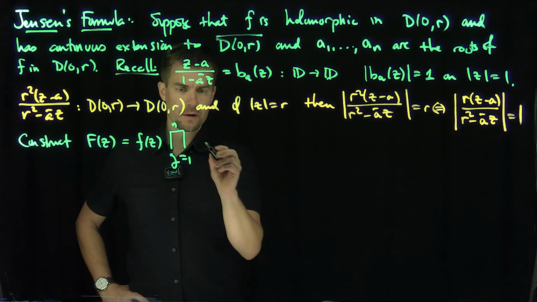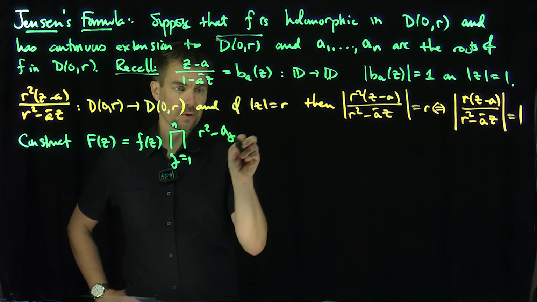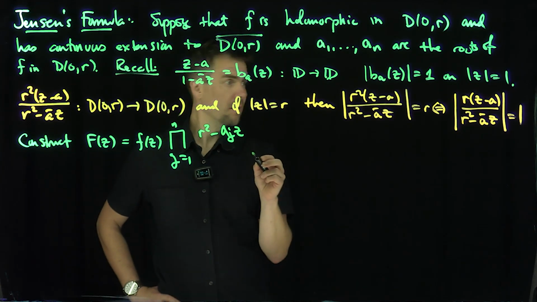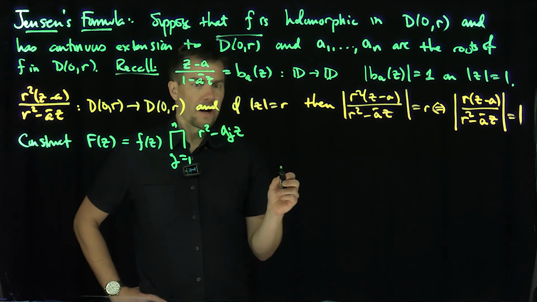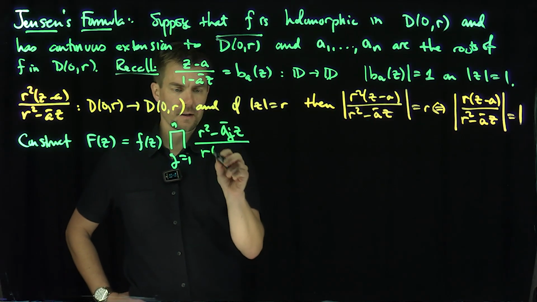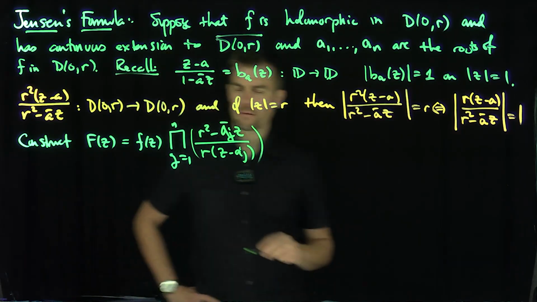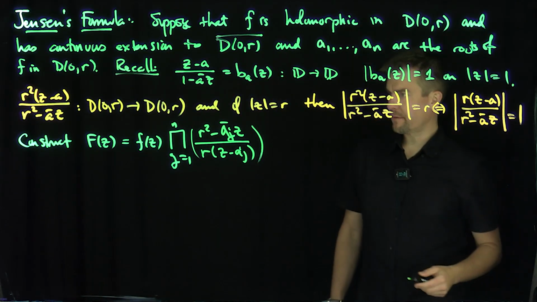So it's going to be r squared minus a_j bar z over r times (z minus a_j), where the a_j are the roots now. Okay, that product over there is the reciprocal of these Blaschke factors.